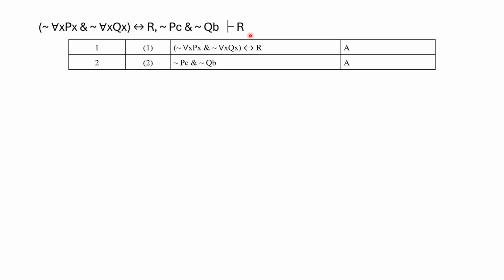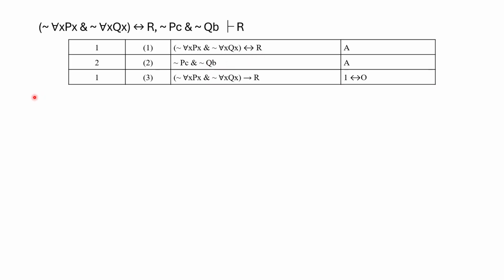We're trying to derive R, and R appears in this biconditional. So really all we need to do is take this biconditional, change it into a conditional statement, and somehow get the antecedent of this conditional statement, and then we can get the R out. That's pretty much all we can do with this at the moment.